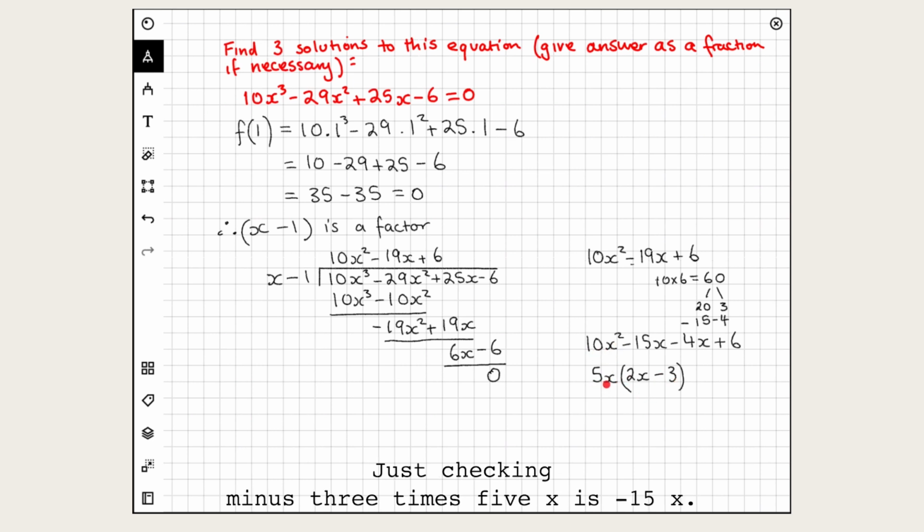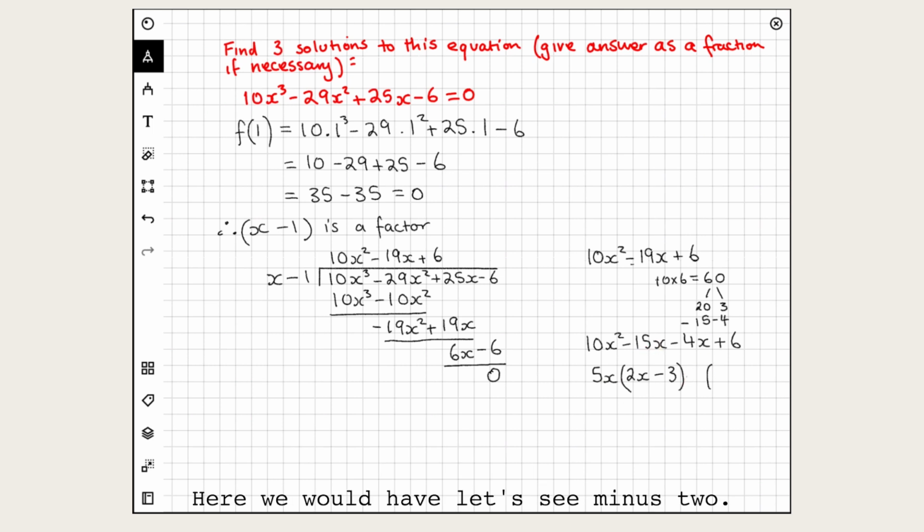Minus 3 times 5x is minus 15x. Here we would have minus 2 multiplied by 2x, because 2 goes into both 4 and 6, and minus 2 times minus 3 here. This is no coincidence. Look, 2x minus 3, 2x minus 3. That shows we are on the right track here.